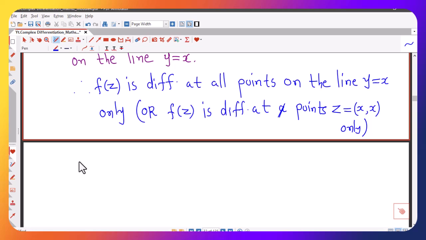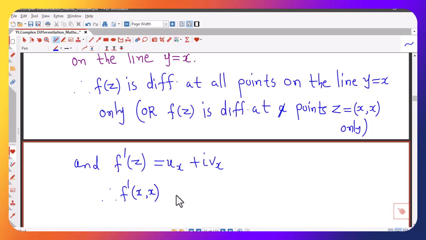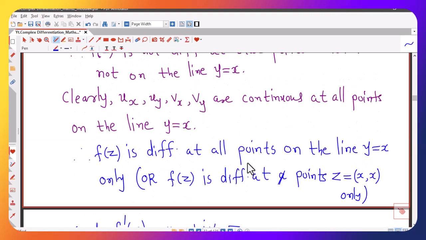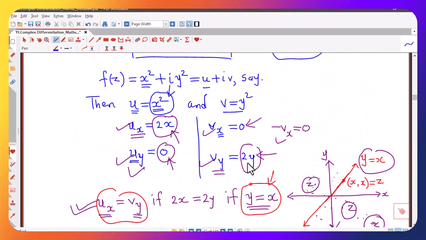And what is the derivative? f dash z is given by del u by del x plus i times del v by del x, but our function is differentiable at this type of points only. So we have to find del u by del x at point (x, x) plus i into del v by del x at point (x, x). Before that, we write down what is del u by del x. It is 2x, and del v by del x is 0.